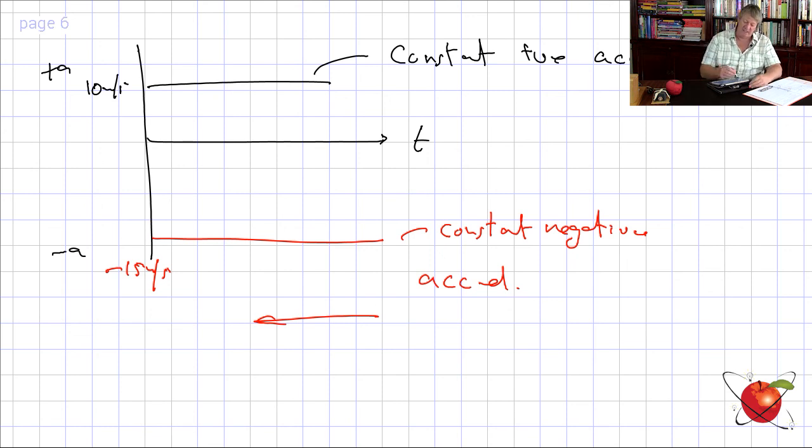We say, right, at 10 and at 20, we go to the graph. Pick a time that is in the sequence or the breaks where we change something. So at time 10, I'm traveling at 10 meters per second, accelerating at 10 meters per second squared.